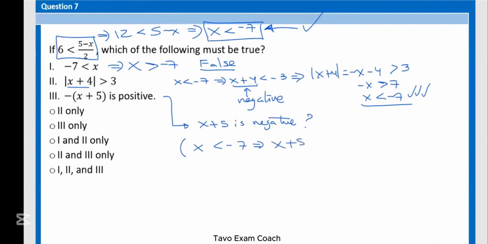X plus 5 then would be less than negative 2. You can clearly see that this expression here is always negative. So, to say that x plus 5 is negative is simply always true. So, statements 2 and 3 are always true or must be true, and we mark the alternative D.